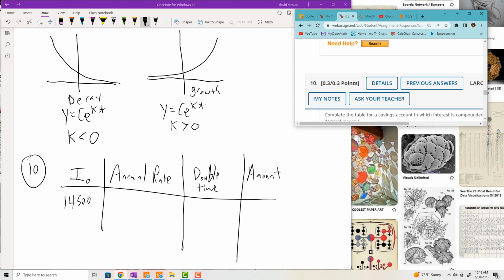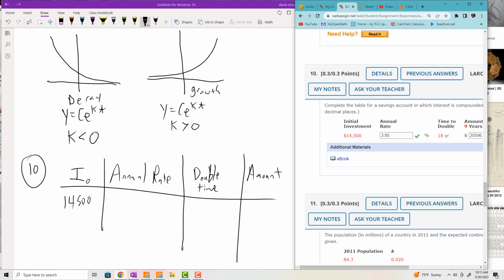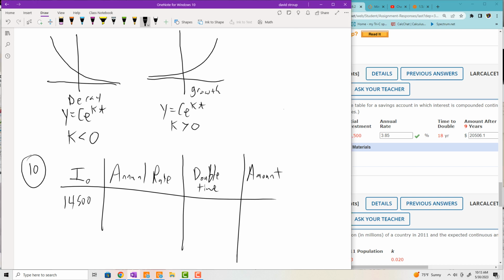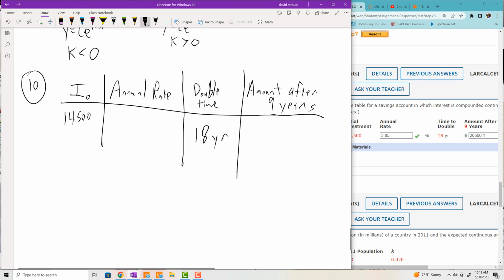In this case, they give you 9 years, I believe. Yeah, so amount after 9 years. And really it's the same kind of problem as what we had previously, where you're working with a given equation, in this case y equals c e to the kt.